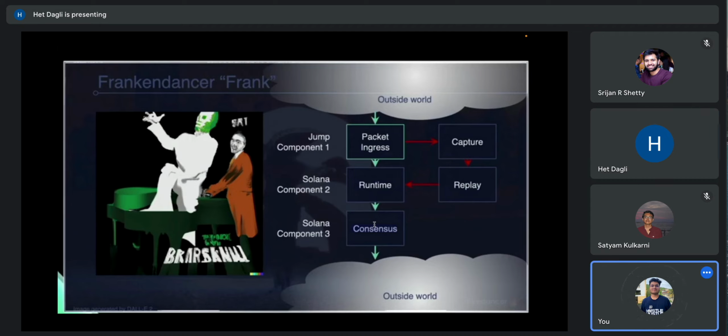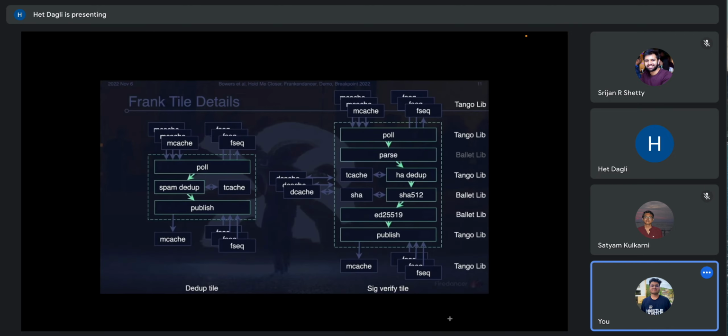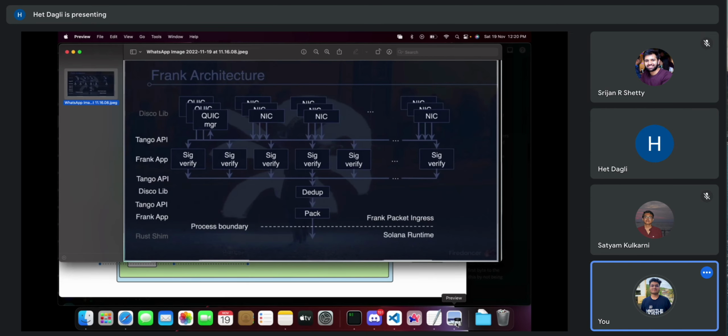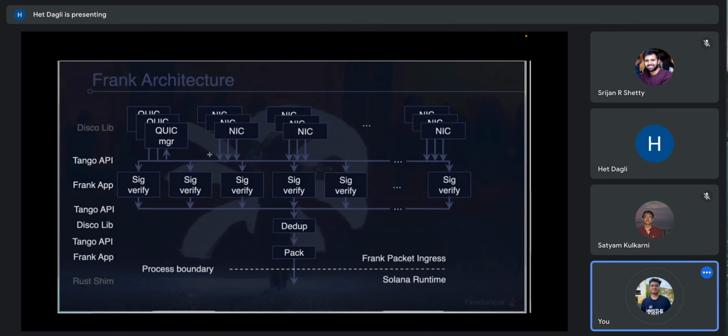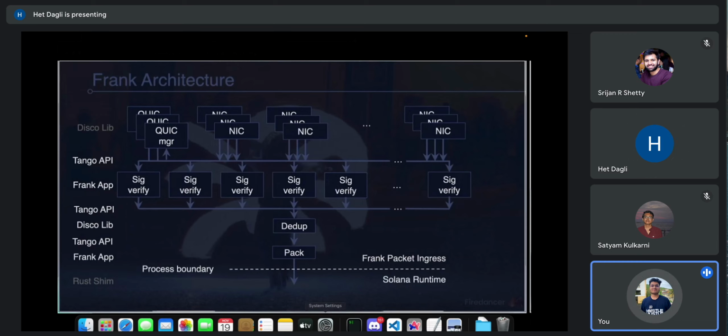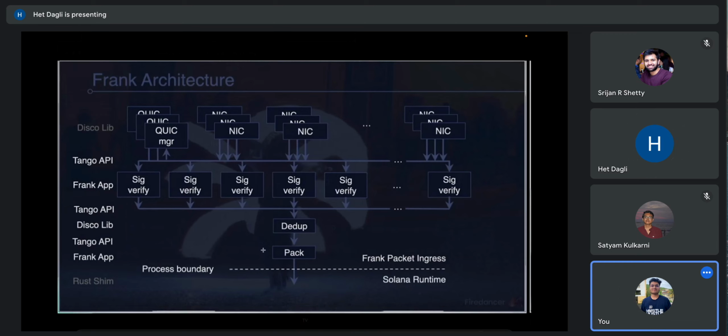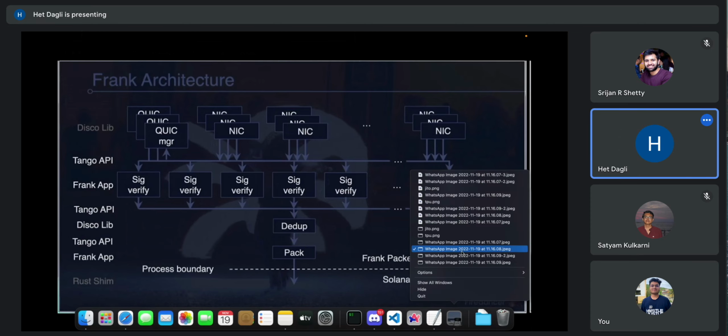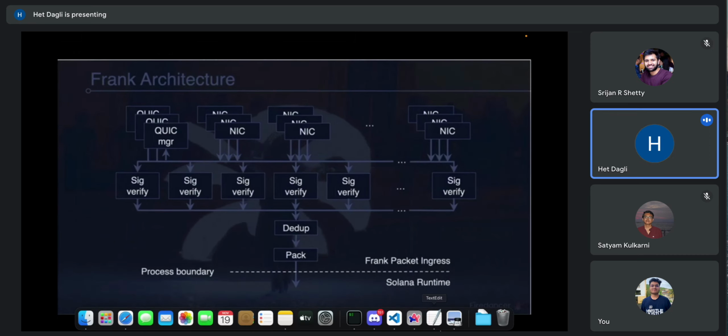Can you go back to that previous image where you had those QUIC and Nick modules? This one, or I think there's another. Right. That other image which you had, that's an expansion of dedupe and pack, dedupe and sig verify.